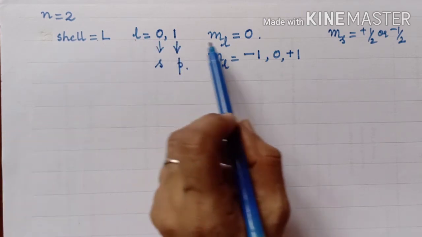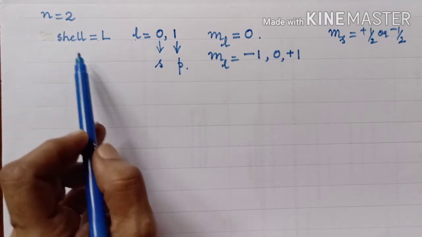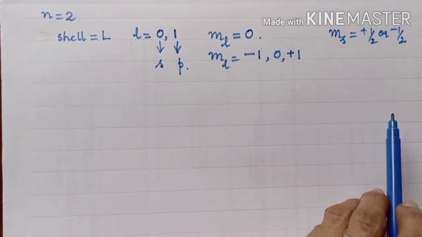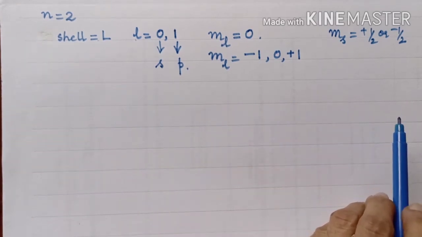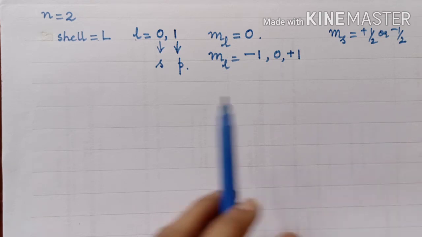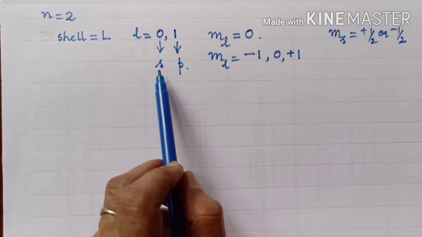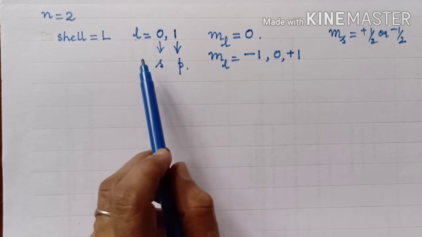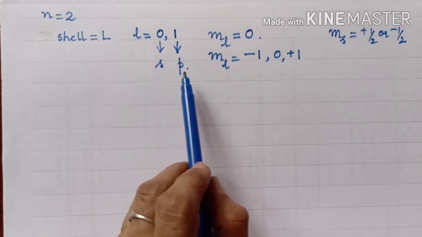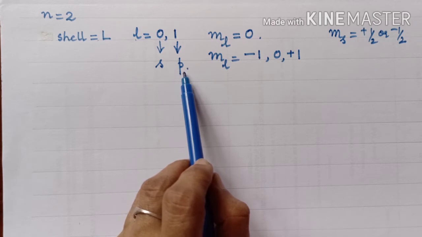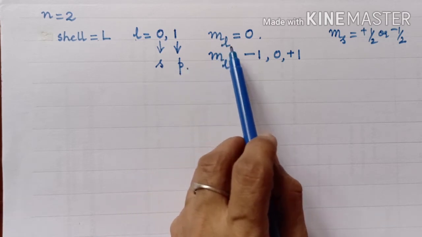So what does this signify? These are the quantum numbers related to the electrons present in the L shell. So L shell can have two subshells or two orbitals. One is called the S and the other one is called the P. Now what does ML denote?